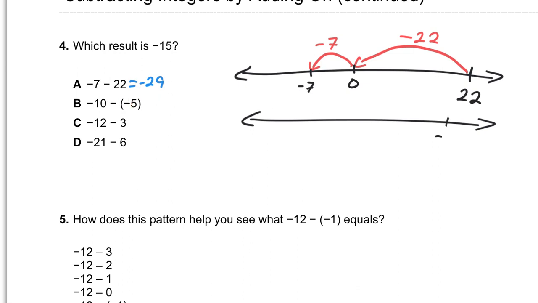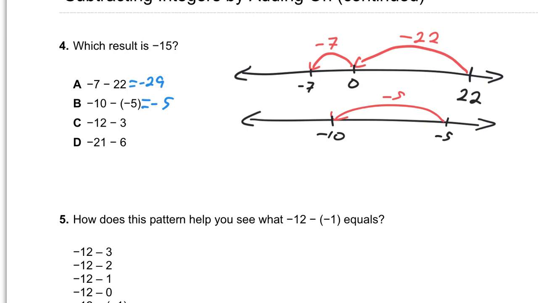We start at negative 5, and we see how far we need to go to get to negative 10. Well, we just need to go another negative 5 to get to negative 10. You could count by ones if you wanted to, but it's quicker to count by 5s. So the answer here is negative 5. Unfortunately, it's not negative 15, so let's keep going.